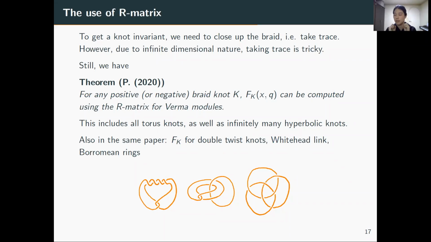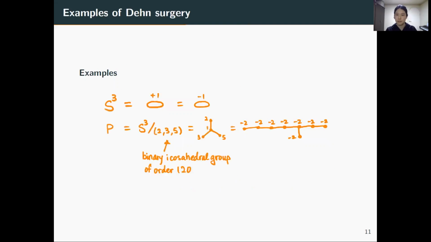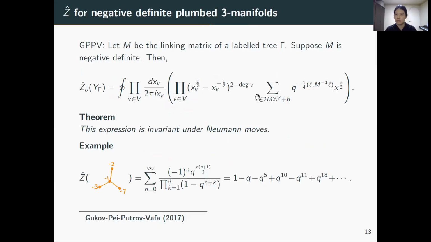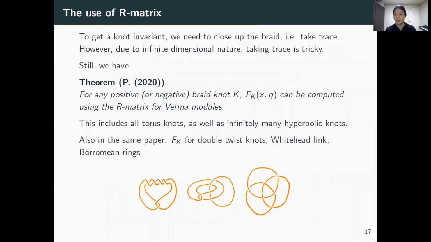If both of them are positive, then it is easy to write down the closed formula. But the figure 8 knot is like +1, -1. In the context of plumbed three-manifolds, we require negative definiteness in order to ensure convergence. But if it's not negative definite, then we need some additional techniques to deal with this indefiniteness. I see. I think that's what's happening here. Okay, thanks.